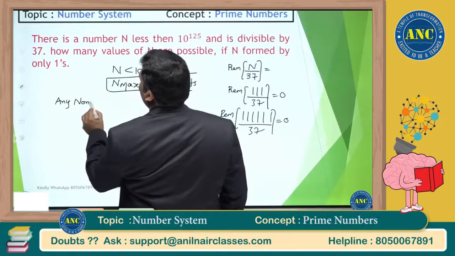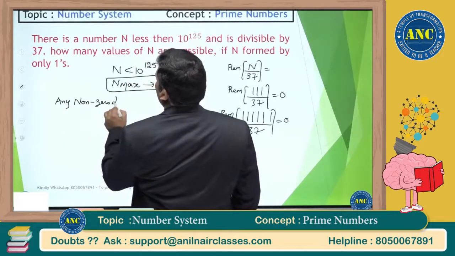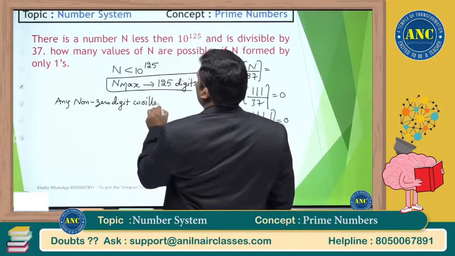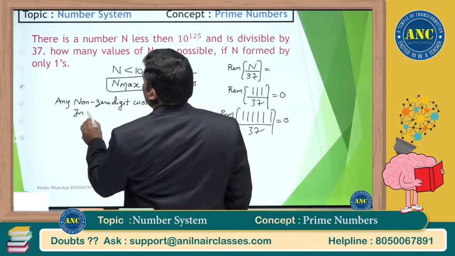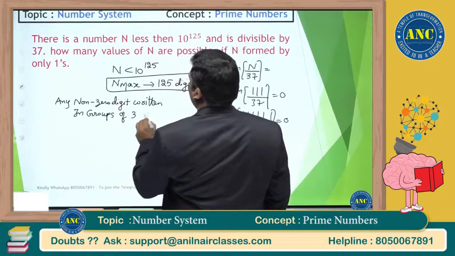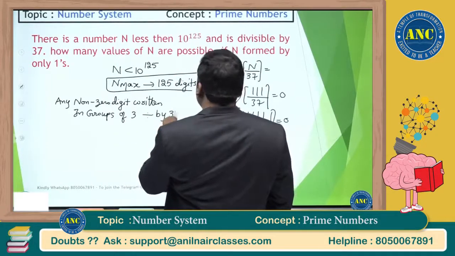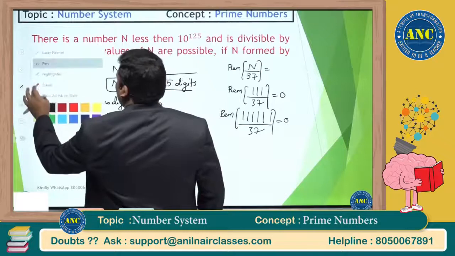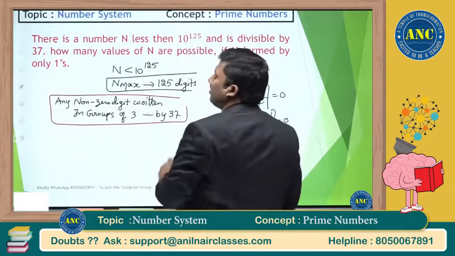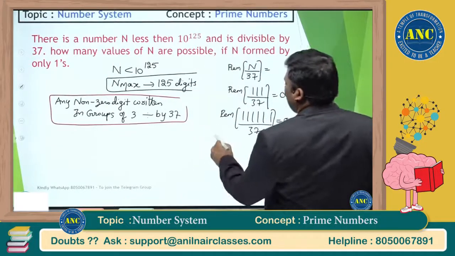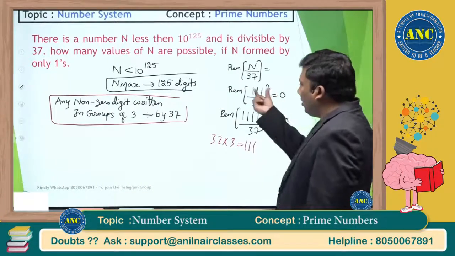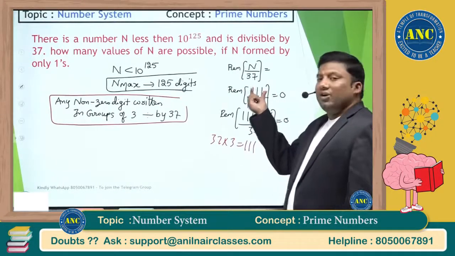Any non-zero digit written in groups of 3, it is always divisible by 37. Why is it happening? 37 times 3 is 111. So a group of 3 ones is divisible by 37.